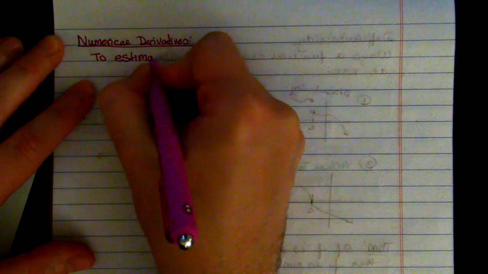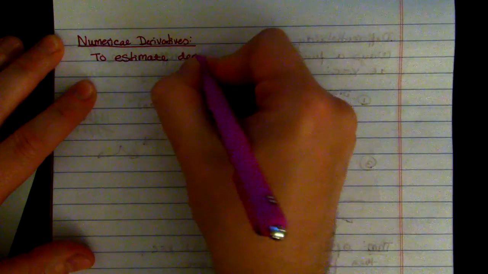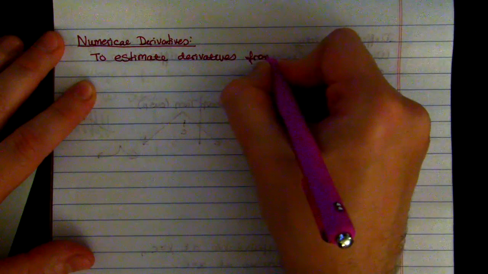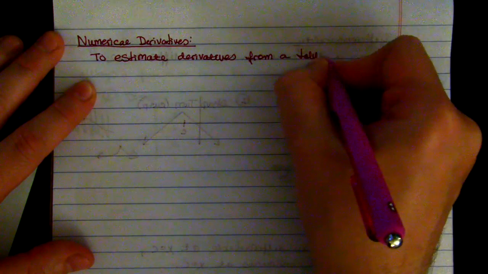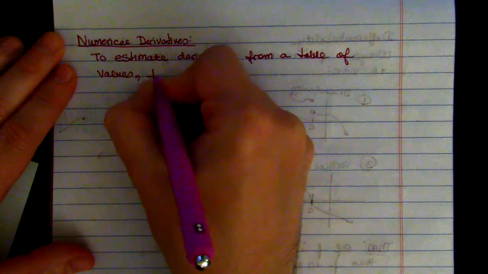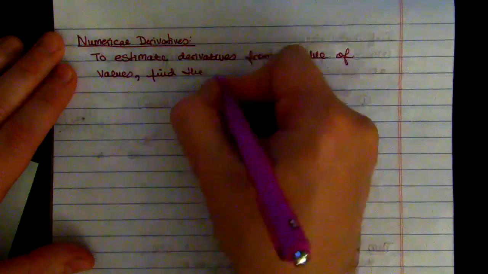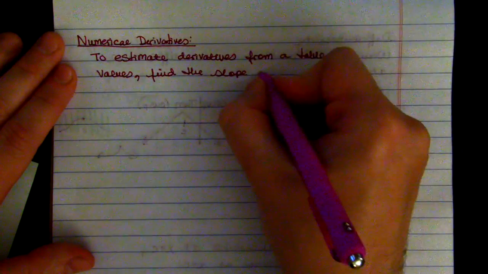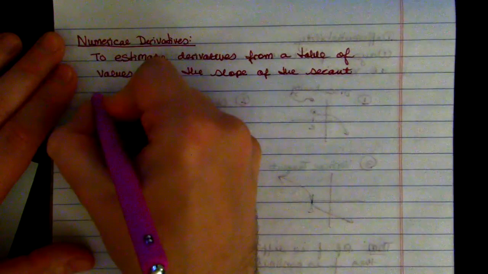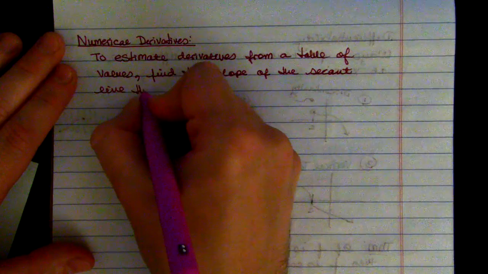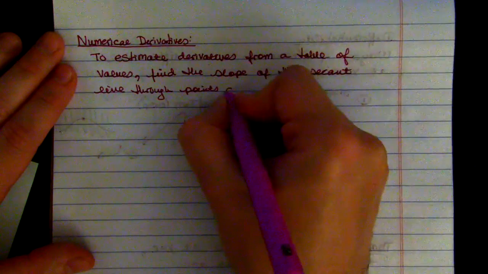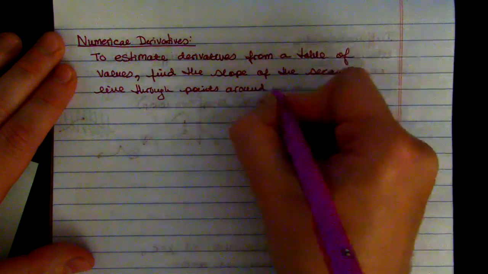To estimate derivatives from a table of values, find the slope of the secant line through 2 points around your x value.